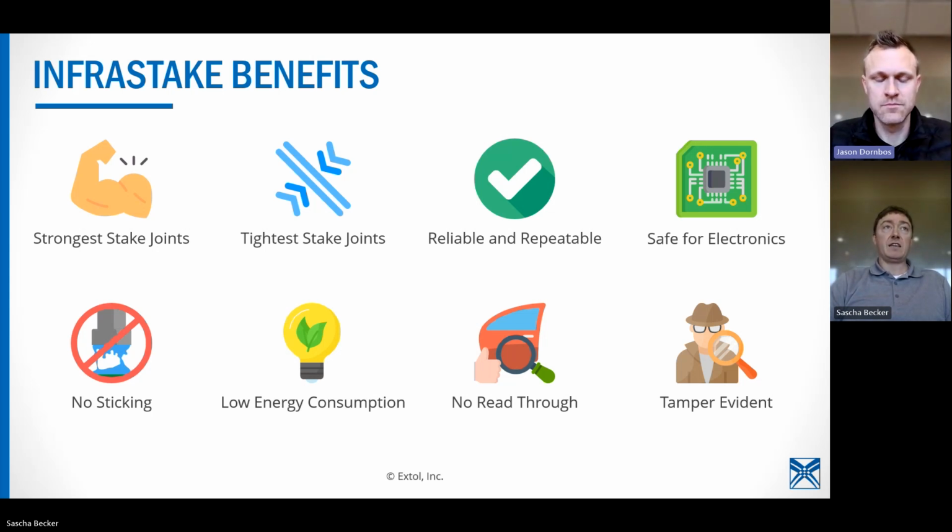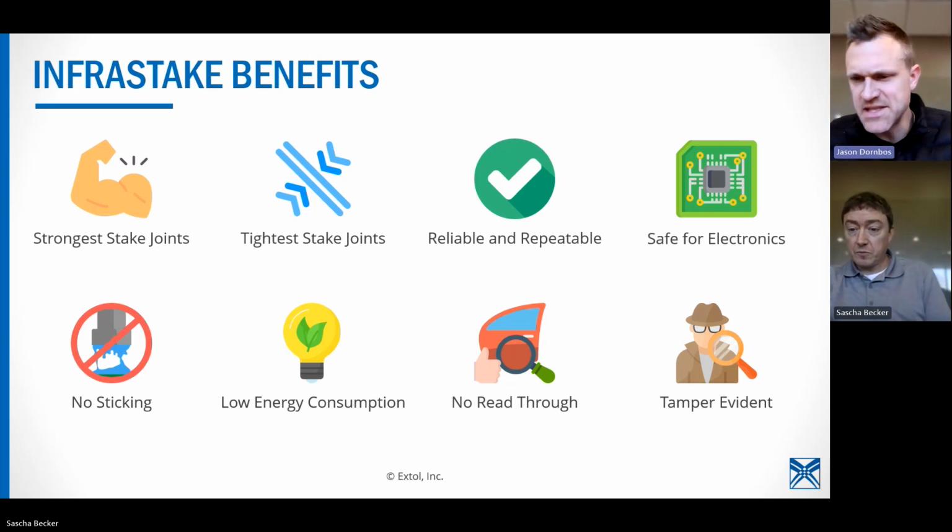We're directing that heat to the boss, to the intended surfaces, and we're not overheating it, so we're not getting read through on any A surfaces. And because it's staked together, any assembly that is assembled using this technology you can't really open without destroying it or damaging the stakes. So it is tamper evident in that case.